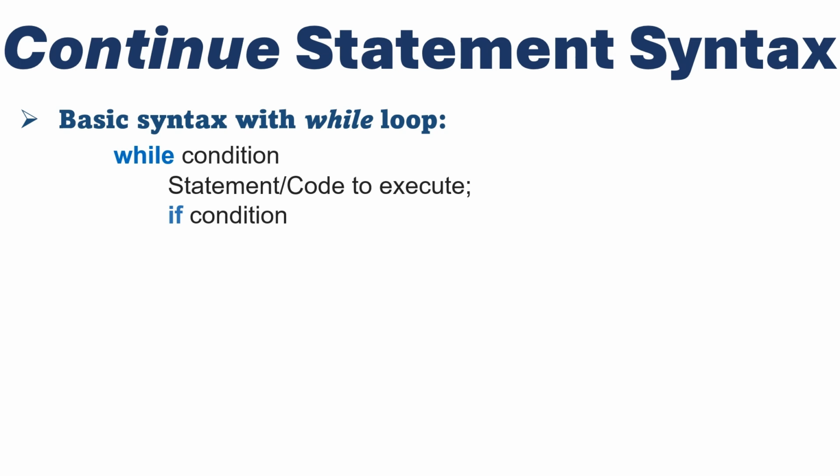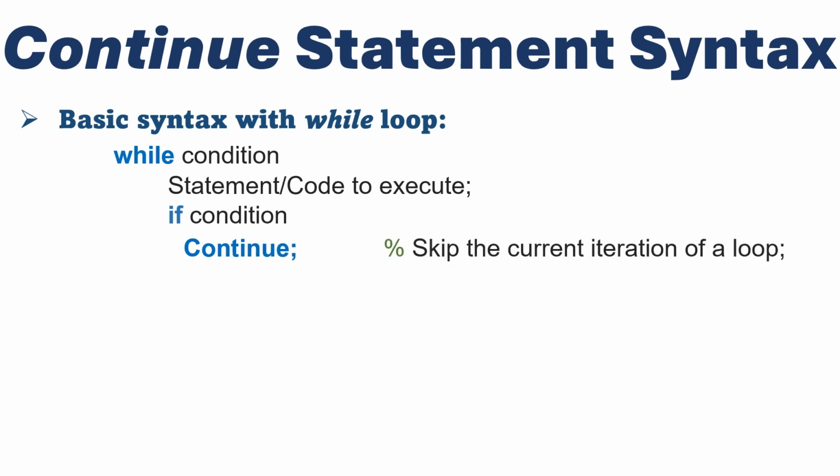But inside that, if we write the continue keyword or the continue statement, then again it skips the current iteration of the loop. And at the end, we have to end the while loop as well. And this is how the syntax works.